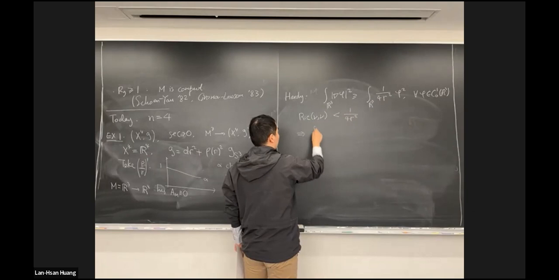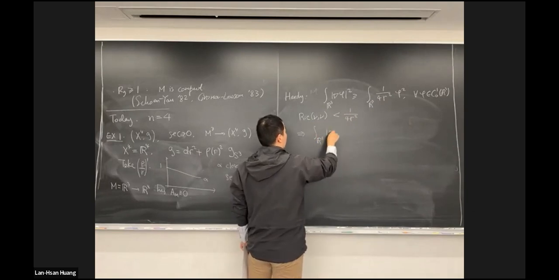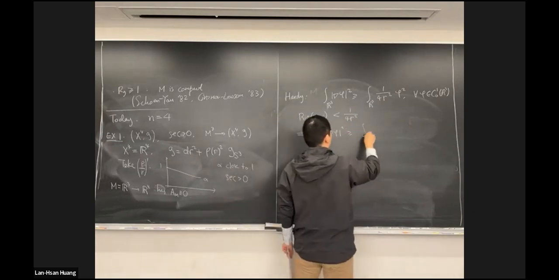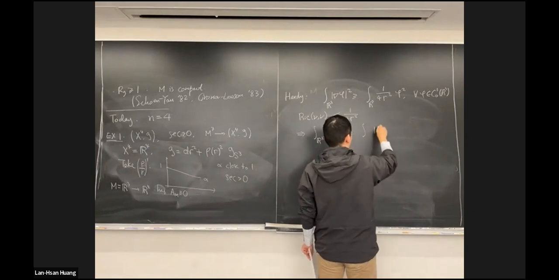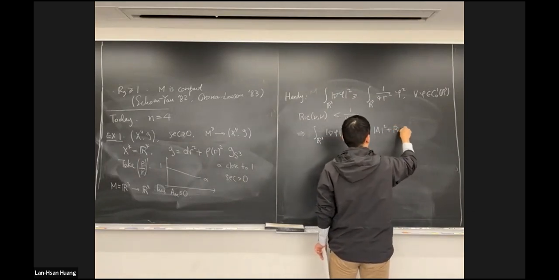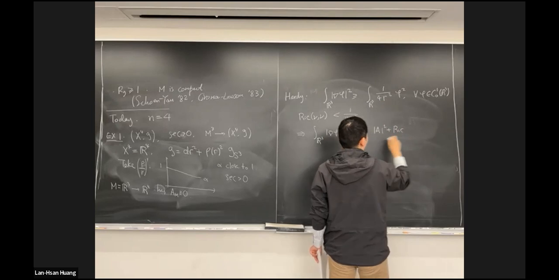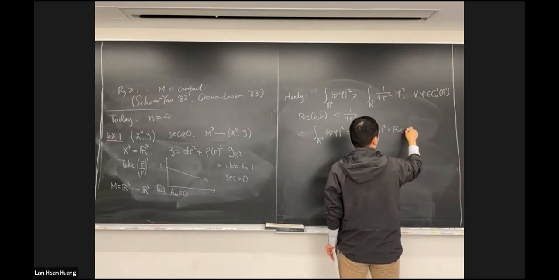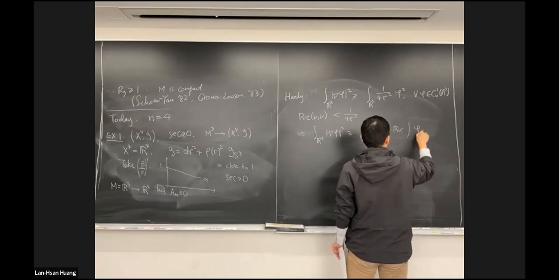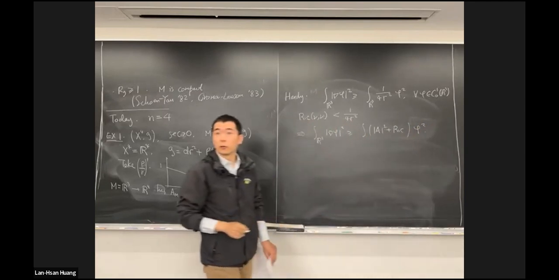This implies that on this R^3, the integral of the gradient of phi squared is larger than or equal to the integral of Ricci times phi squared, since Ricci is lower than 1 over 4r^2. So the stability holds. Okay.